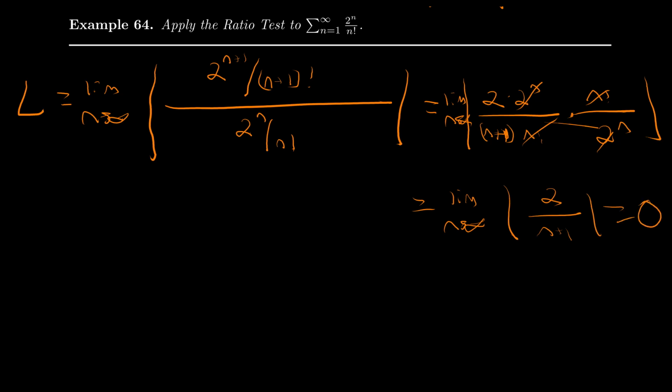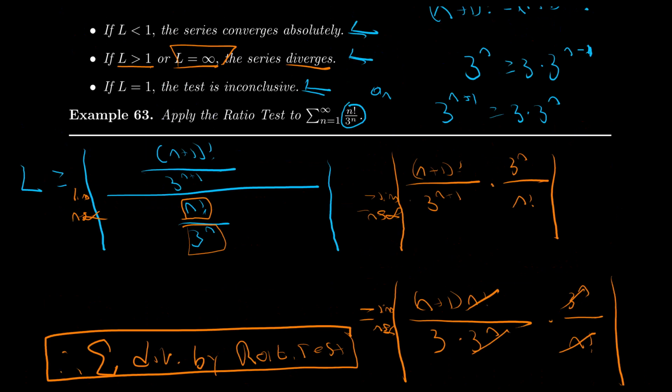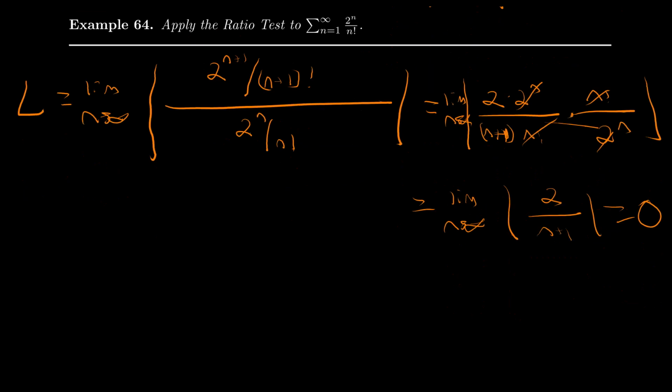What does that mean? Well, let's scroll back up. If the limit is less than 1, the series converges absolutely. Therefore, it converges. So that's what we get here. So we can say the series converges. I do this: converges absolutely. I just put some absolute value signs around it.